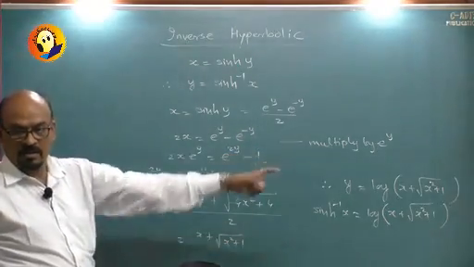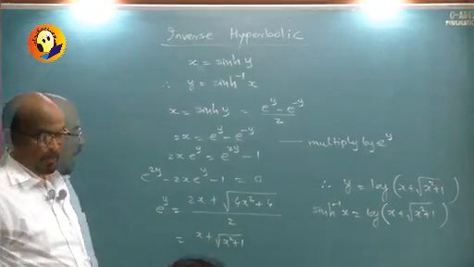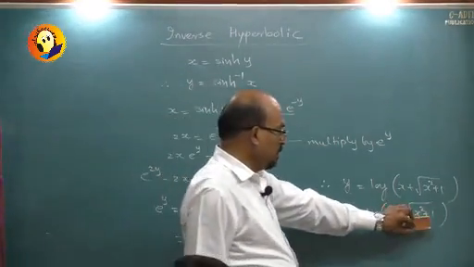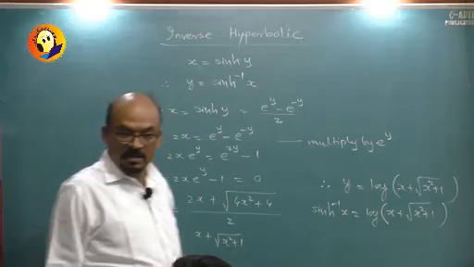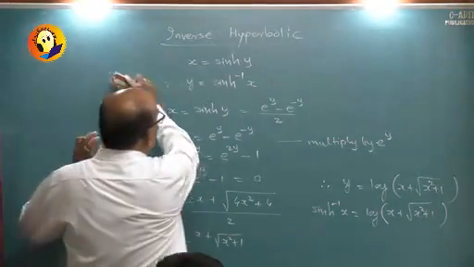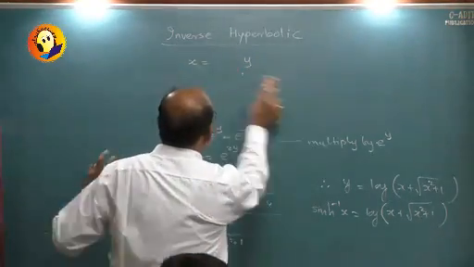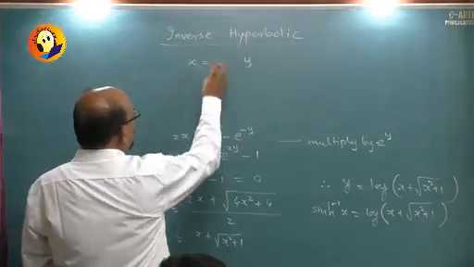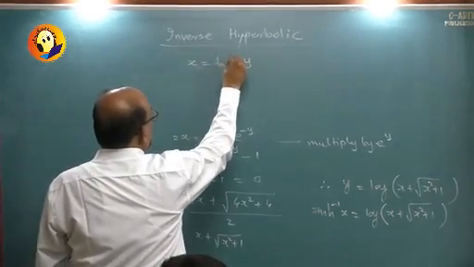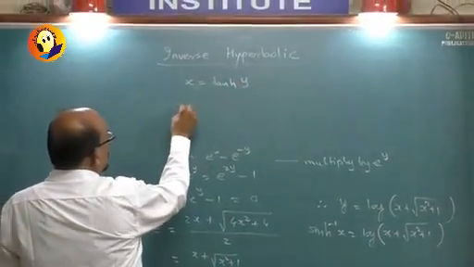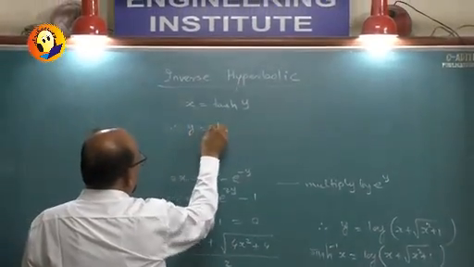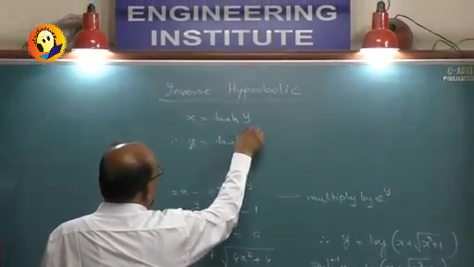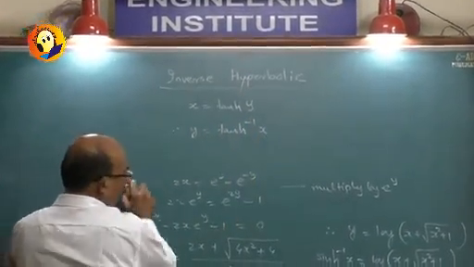Substitute, get the formula as x plus under root of x square minus 1. Okay, next is x is equal to tan y. Therefore, y is equal to tan inverse x.